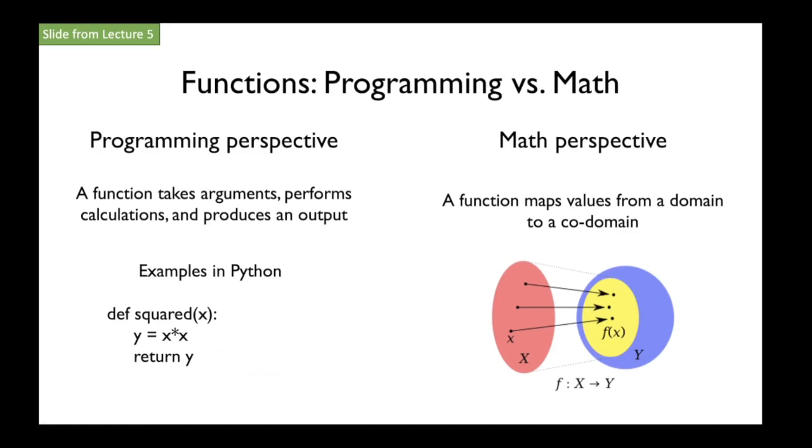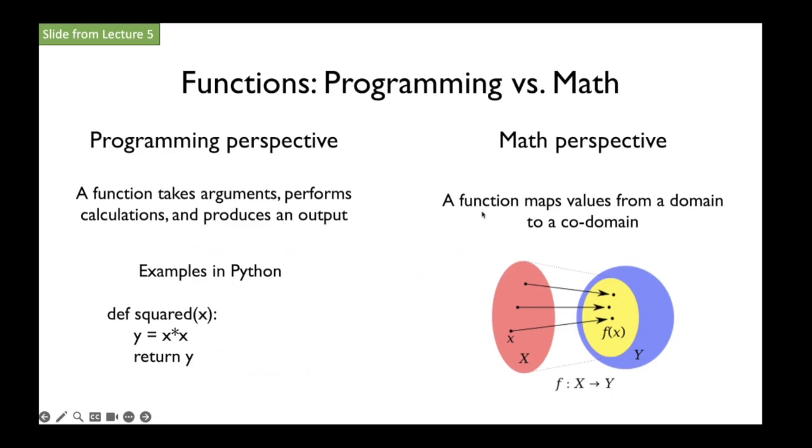And this is a bit different from the programming perspective, which is more about you have a function, it takes an argument, it performs calculations, and it just produces an output. This is more of a mechanistic, step-by-step thing about what a function does. What a program does is it performs these calculations and it does a thing.